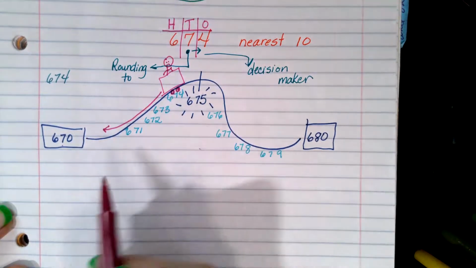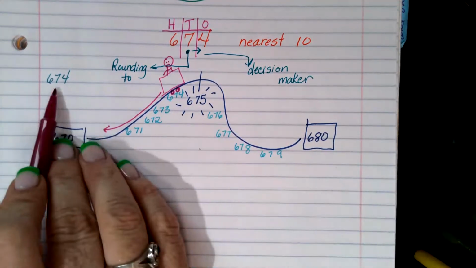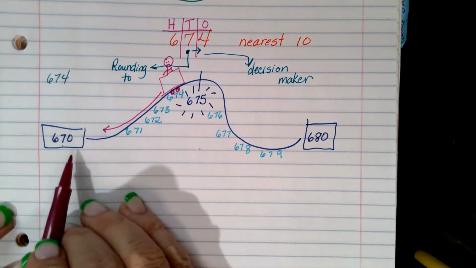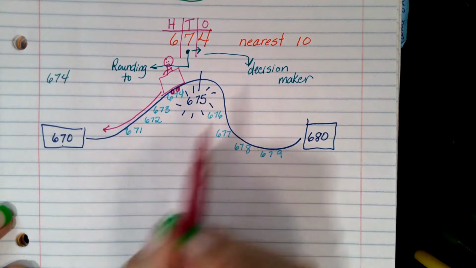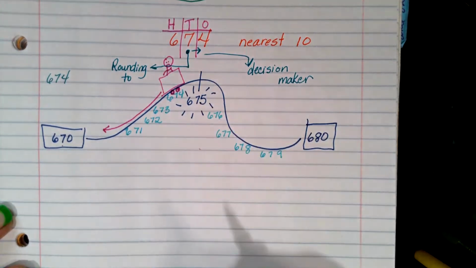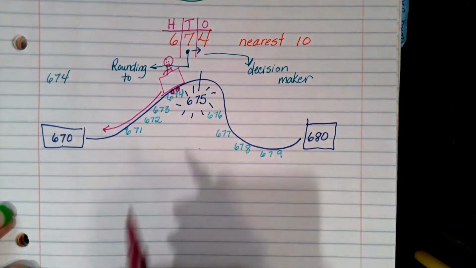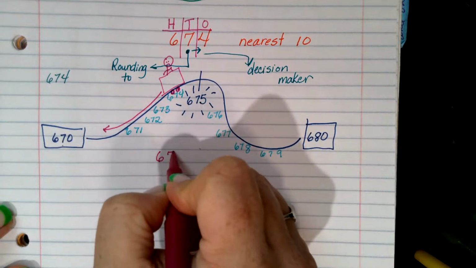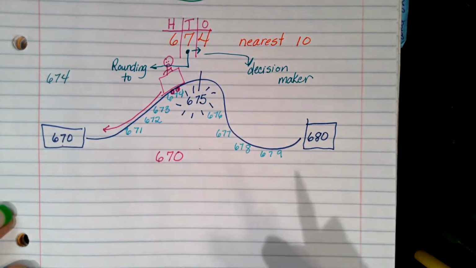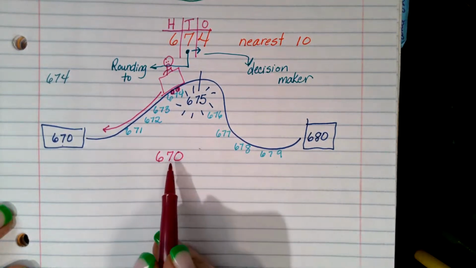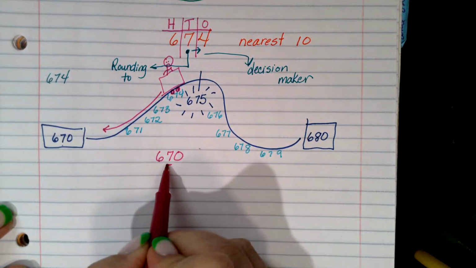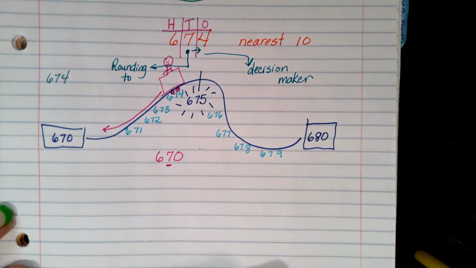But that's all right. So when we have 674 and we round it to the nearest 10, we use the ones as our decision maker. For this specific number, we would round to 670. Notice that when we say we are rounding to the nearest 10, we have a number in the tens place.